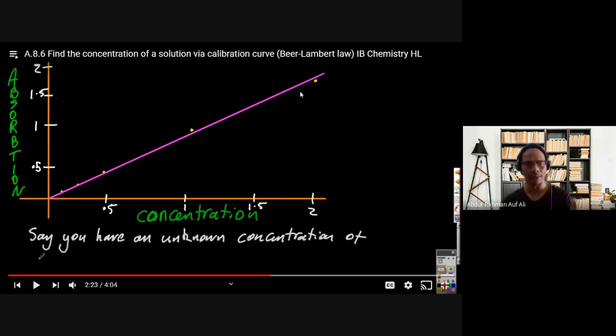Because the law says, the higher the concentration, semakin tinggi kepekatan sesuatu larutan, semakin tinggi kadar penyerapannya, semakin banyak cahaya dia boleh serap. Kerana ada banyak molekul, there are more molecules of substance, of matter in higher concentrated solution. Okay, so this is how we determine the calibration curve of any solution.